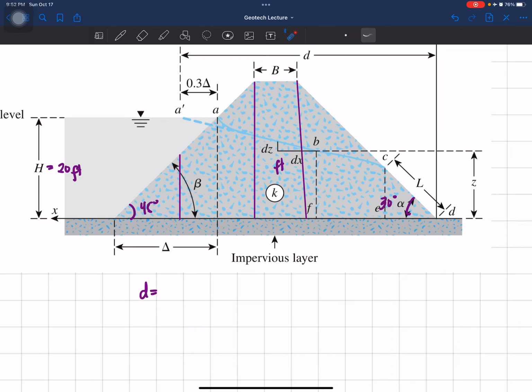Okay, applying trigo. Okay, what's the distance here? So, the distance there is just actually the tangent function then. So, that is tangent of 30, okay, is equal to opposite over adjacent.